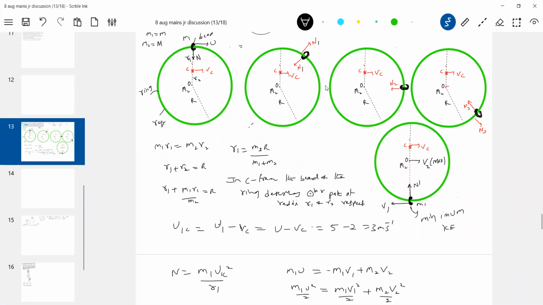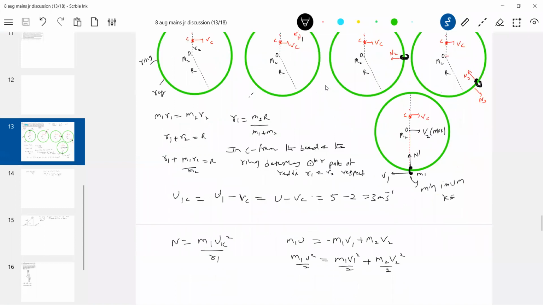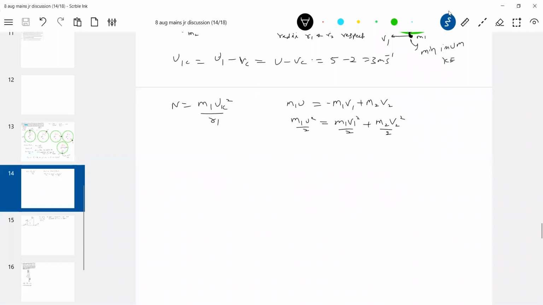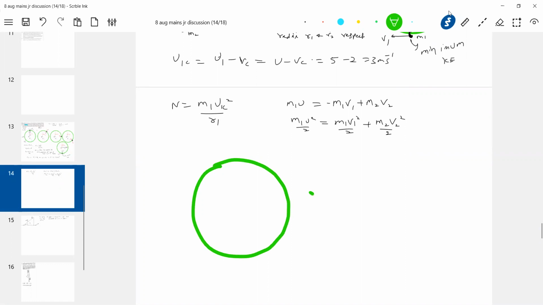So after this, what will happen? The outer part will come into picture. Till here, the inner part of the ring was in contact. After this, what will be the diagram? This will be the diagram. So here it will have some V3.